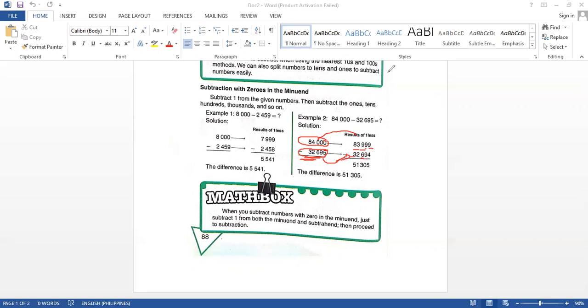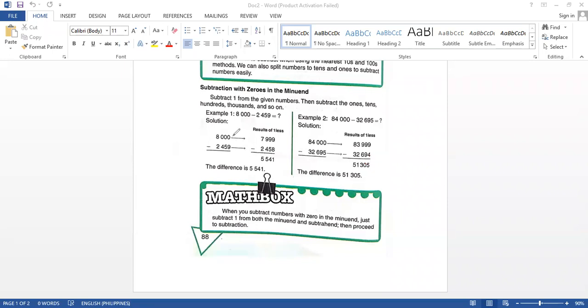So we can subtract numbers easily. So 9 minus 4 is 5, 9 minus 9 is 0, 9 minus 6 is 3, 3 minus 2 is 1, and 8 minus 3 is 5. So the difference of these numbers is 51,305.